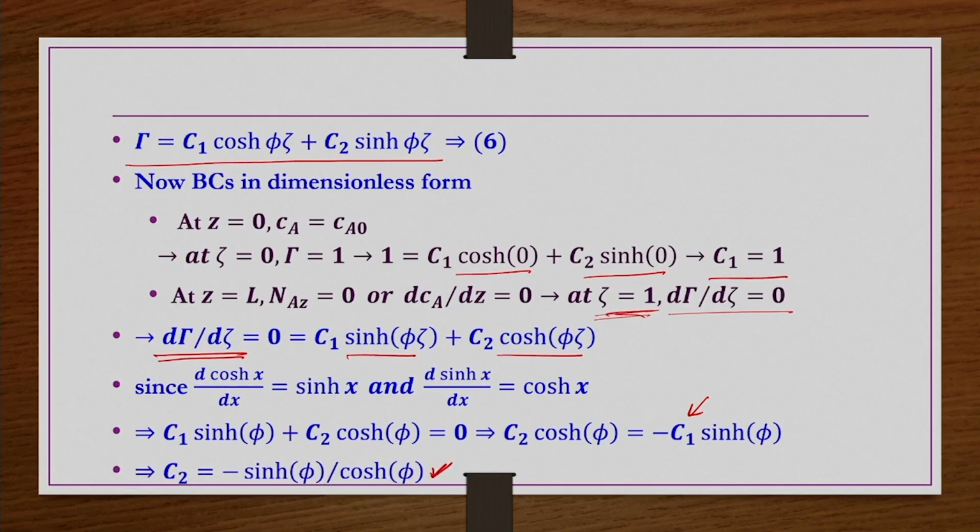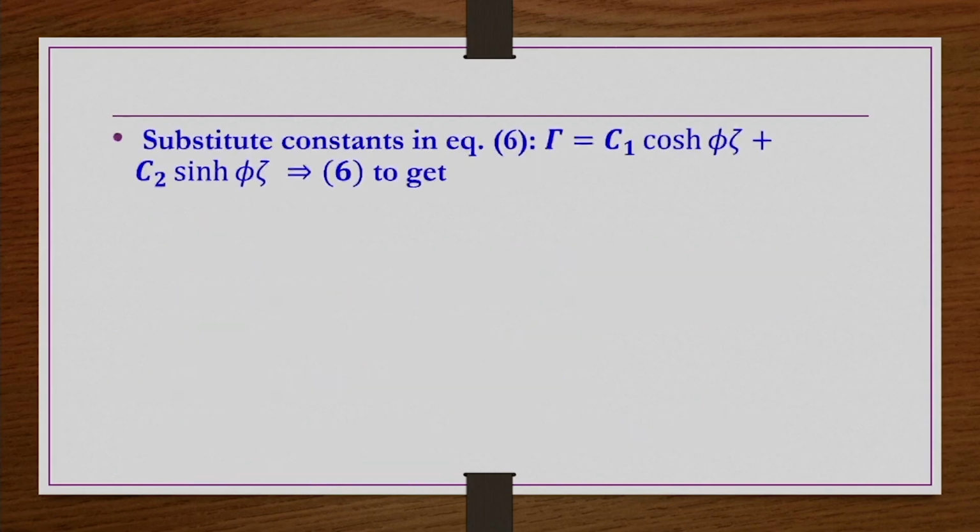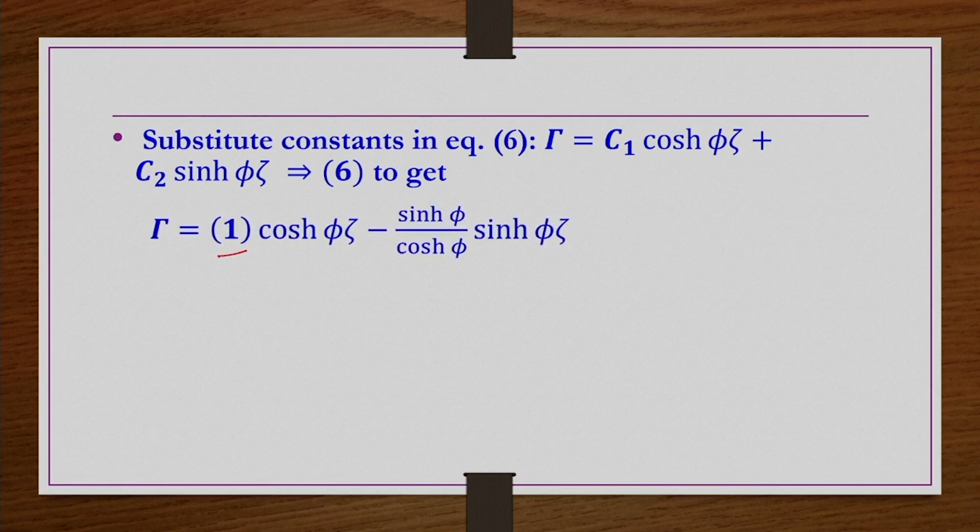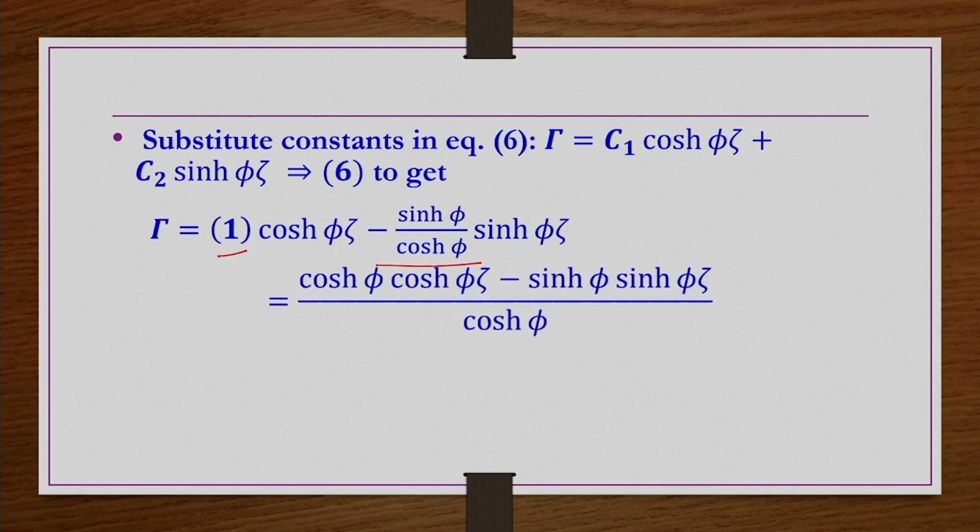Okay. So, now you have C2 and C1, and if you substitute those in this equation, you have the final solution. C1 is 1, C2 is minus sin hyperbolic phi by cos hyperbolic phi. We are not writing it as tan hyperbolic of phi for some reason. So, then what we do? Now, you do the LCM.